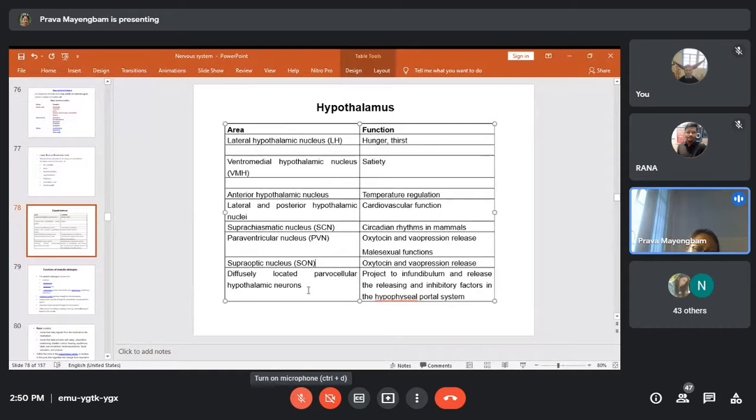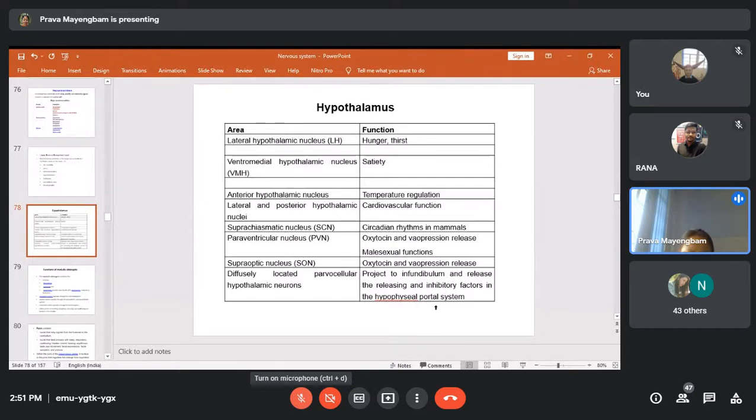And there are other, diffusely located, paraventricular hypothalamic neurons. They project to the infundibulum and release the releasing and inhibitory factors into the hypophyseal portal system. So when you discuss endocrinology, the releasing hormones or the inhibitory hormones synthesized in the hypothalamus are transported down through the infundibulum, and they will be stored or released into the hypophyseal portal system.